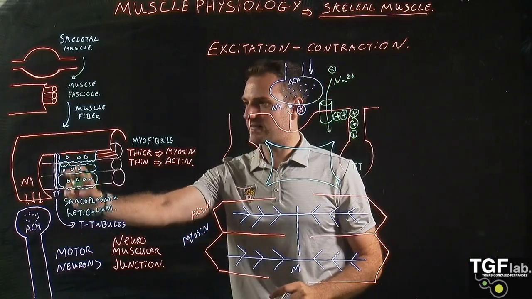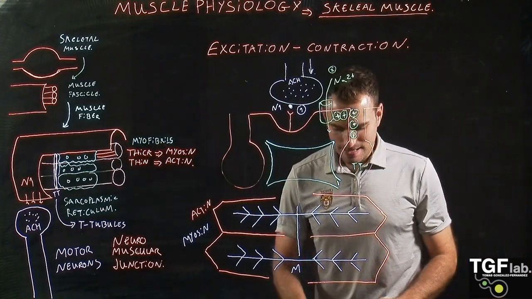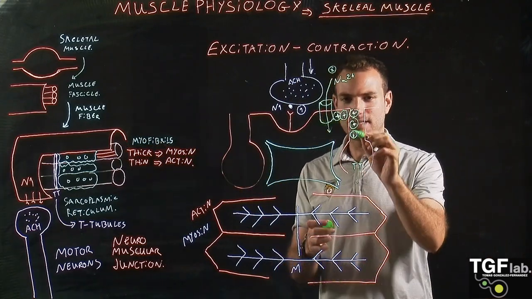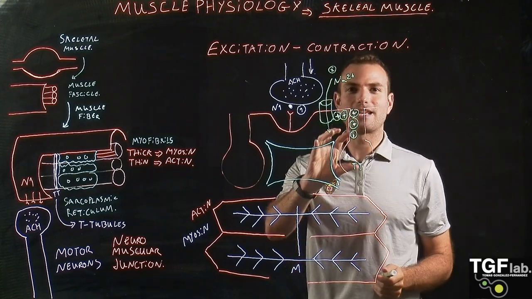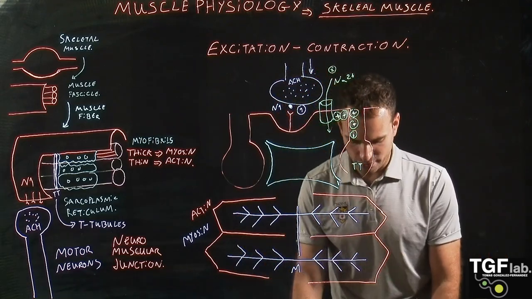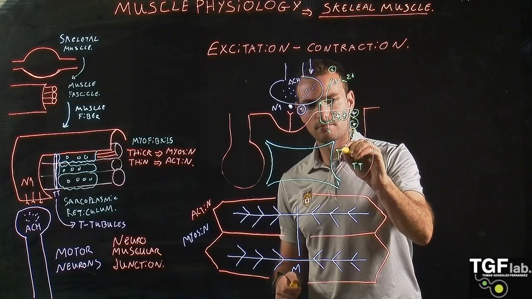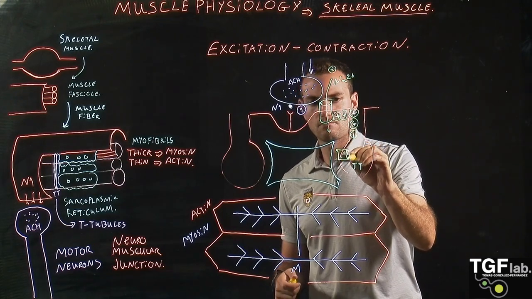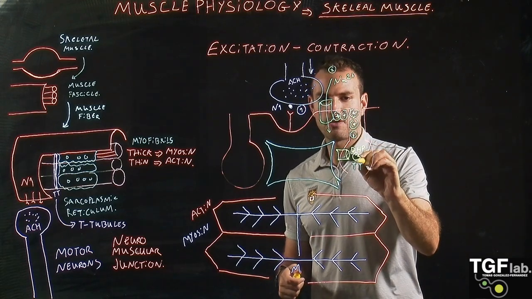So remember these T tubules here, which are the third component that we talked about. And then this is really important because this depolarization is going to arrive at a very specific voltage-gated ion channel, which is called the DHP channel. So this will be step 3.